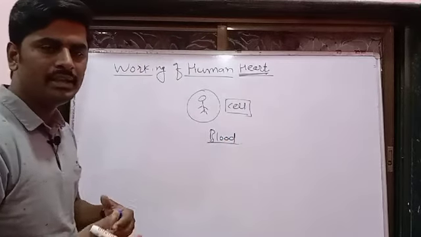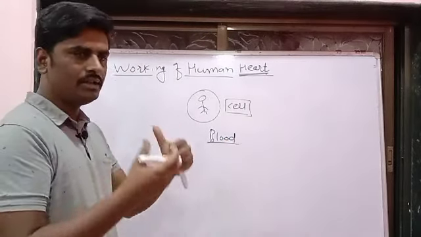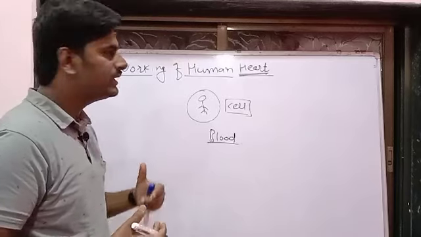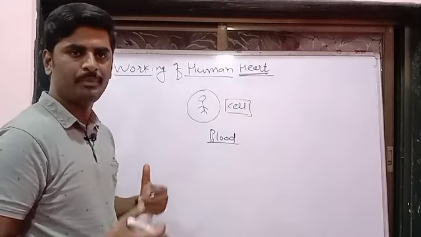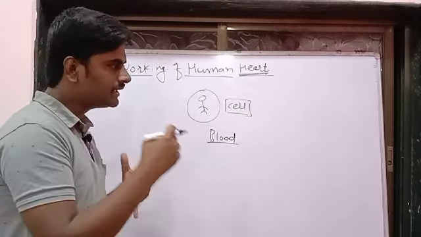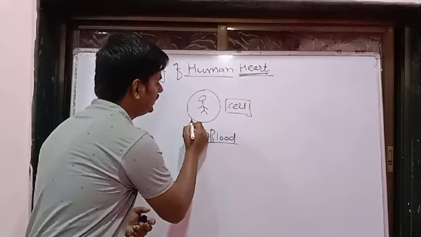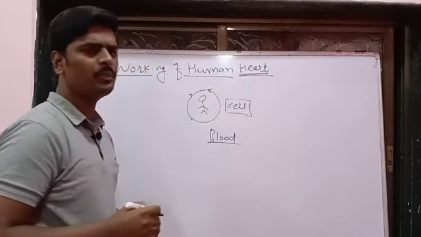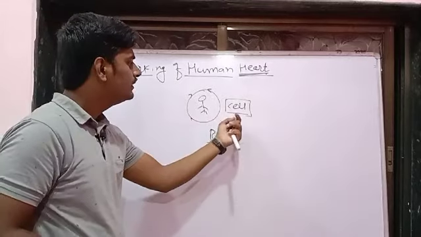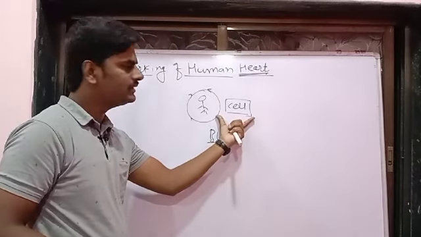As we already studied in our last class regarding the blood, the blood is a circulatory fluid which continuously flows inside the human body, and it provides oxygen to all the basic units of life, that is the cells.